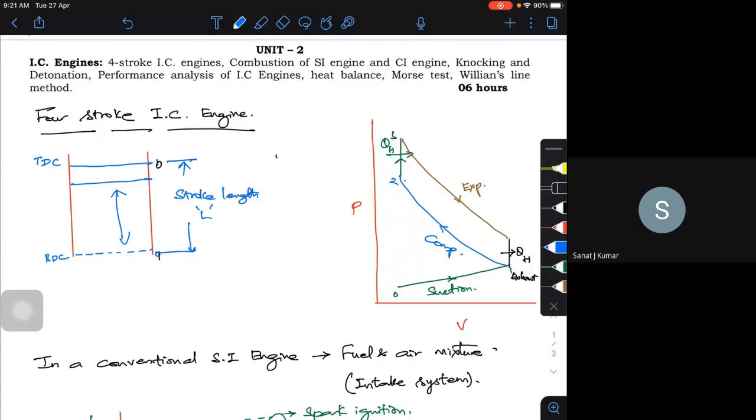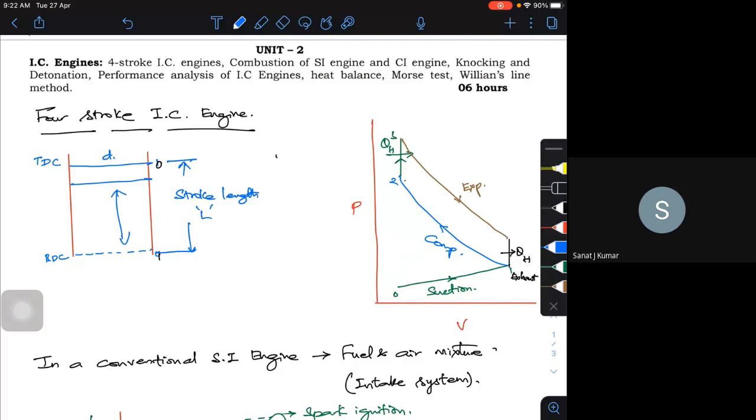This is the diameter of the piston, so the area will be pi d square by 4. So the parameter is length times area of the piston multiplied by your speed, the rotational speed of the engine.